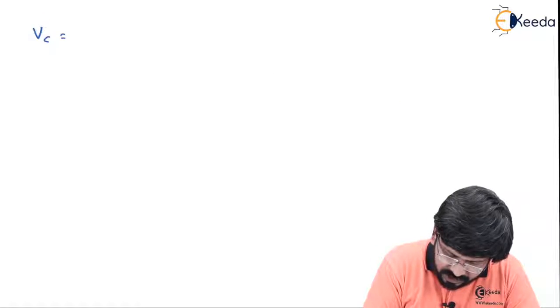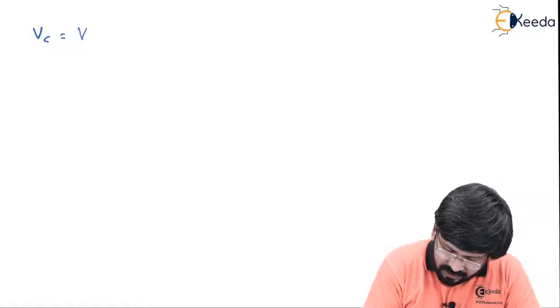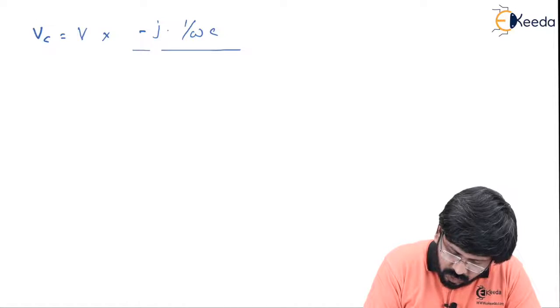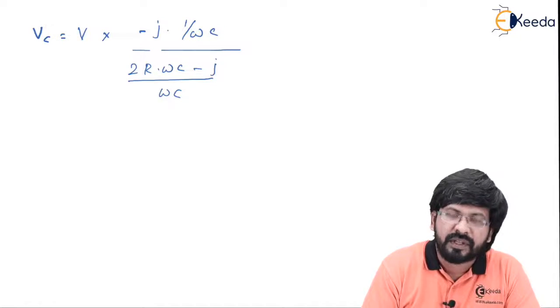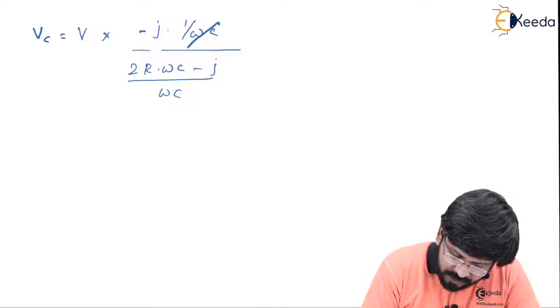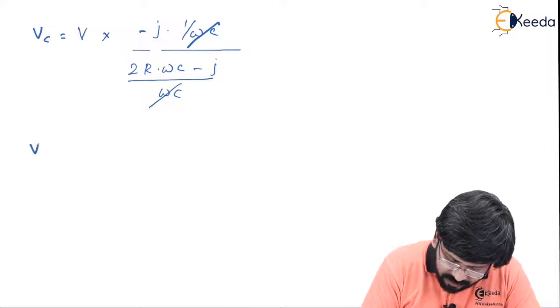In that case, Vc will become the supply voltage V into minus j 1 upon omega C, whole divided by 2R into omega C minus j, whole divided by omega C. So as you can see, omega C got cancelled. What is remaining?